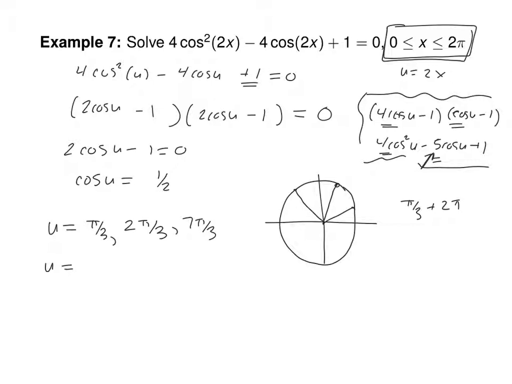Do you agree? What would 2 pi thirds plus 2 pi be? 8 pi thirds. And what if you'd added on another 2 pi? Okay, great. 13 pi thirds, and I think that's going to be 14 pi thirds, right?